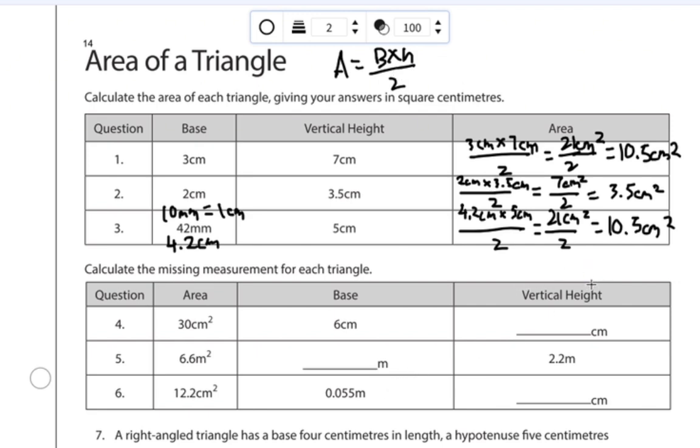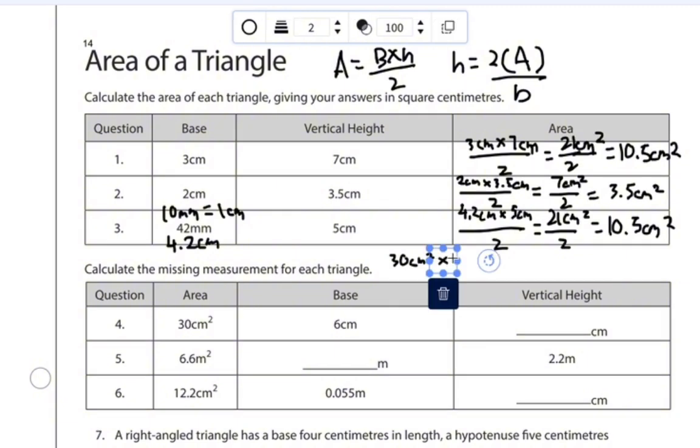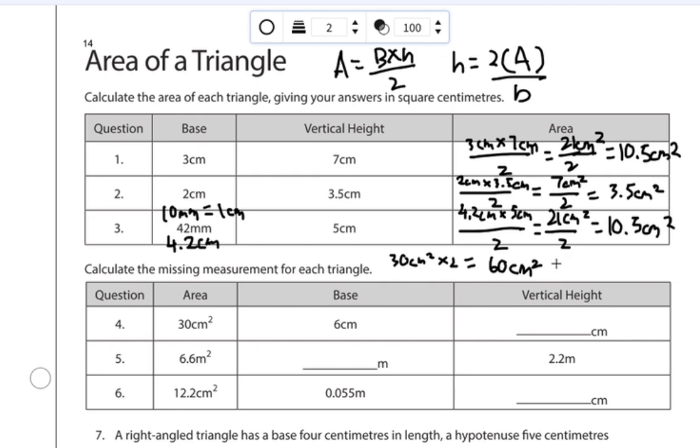So let's say the vertical height is missing, so we can take H would equal to 2A divided by B. So we can just take 30 cm square multiplied with 2, which we will get 60 cm square, and 60 cm square divided by 6 cm would equal to 10 cm. So the answer for question 4 is 10 cm.